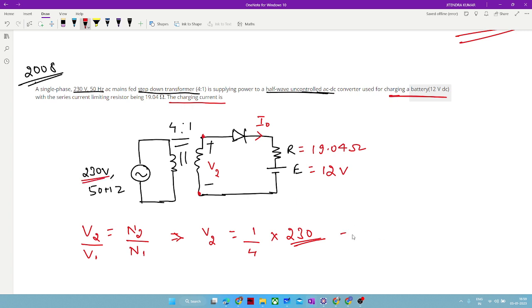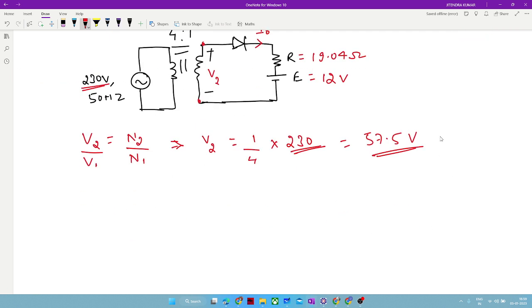So that will be 230 by 4, that is 57.5 volt. So this is your V2. You got V2, and the V2 magnitude would be 57.5 into root 2 into sine omega t. This is in terms of amplitude.